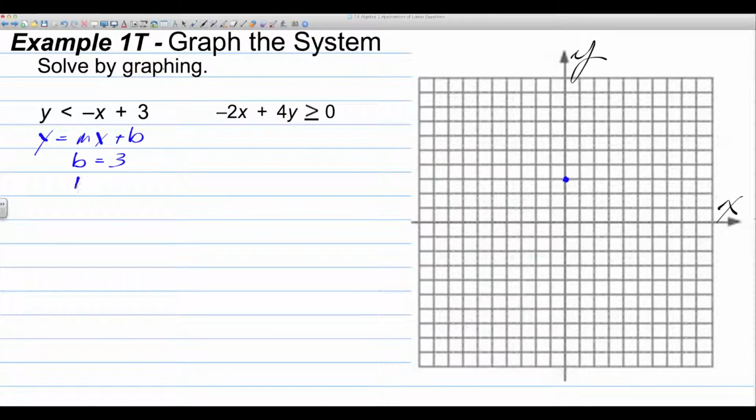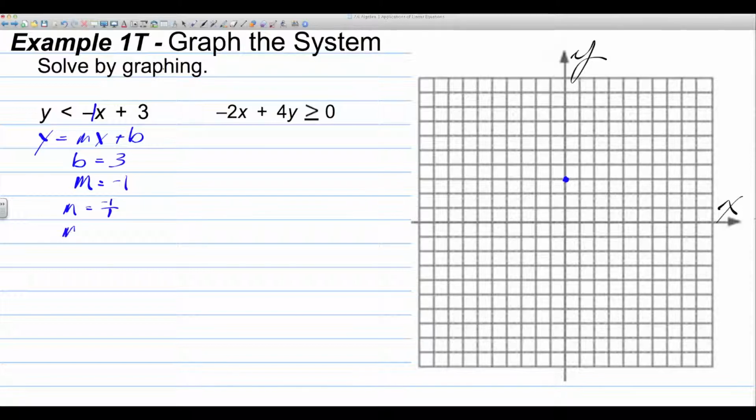Now the slope of this line is equal to negative 1. Remember, if there's no number in front of a variable, the number's 1, and in this case it's a negative 1. Slope is a ratio of the vertical change over the horizontal change, or the change in the y direction over the change in the x direction.